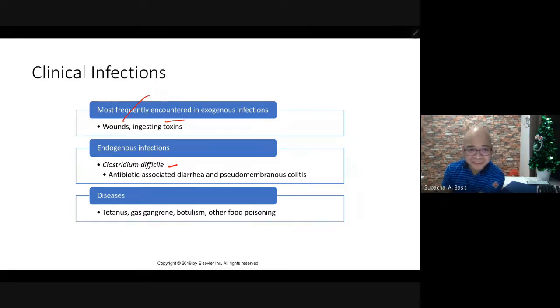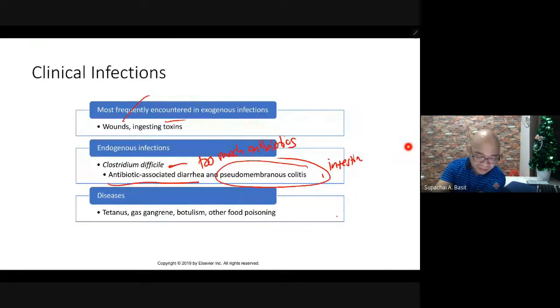Clostridium difficile will cause antibiotic-associated diarrhea, meaning to say, it is due to what? Too much antibiotics. Because of too much drinking of antibiotics, a person with Clostridium difficile will have diarrhea, and at the same time, there would be pseudomembranous colitis, meaning the intestine is inflamed.